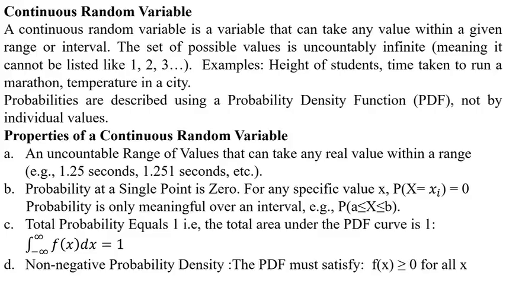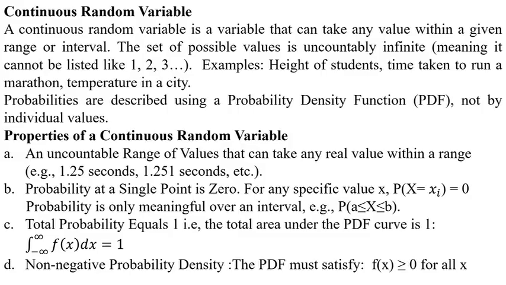Also, the total probability under the PDF curve is equal to 1. That is, the total area under the PDF curve is 1. And also note that in a discrete random variable, you use summation, the summation of x f of x.